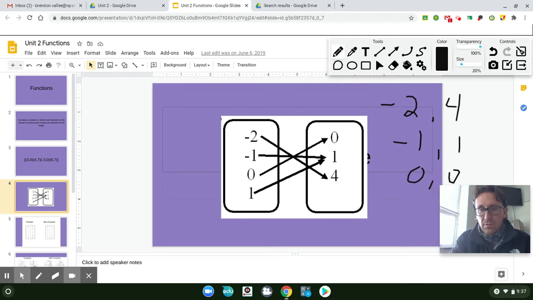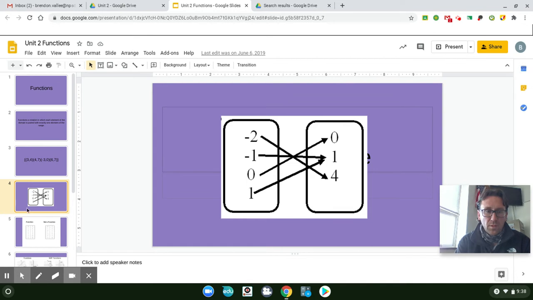I have 0, 0, and I have 1, 1. Well, my 1, 1's not right. All right, here we go. Let's see. 1, 1. So my y values repeat, but my x values do not. So this is also a function.